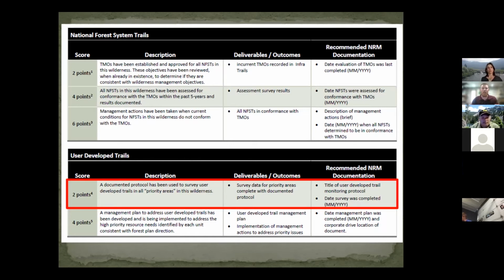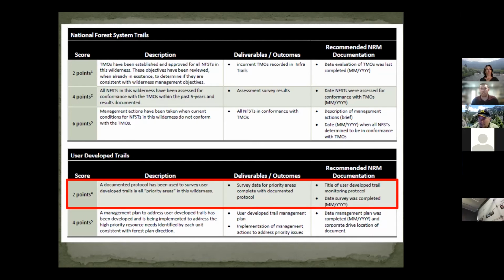But we now have a documented minimum protocol for your survey of user developed trails. It's available in the WSP guidebook. There's links in there to it. It's the minimum. You don't have to necessarily use this protocol. You can develop your own if you want, but now that we have a set protocol out there, that keeps people from having to reinvent the wheel.